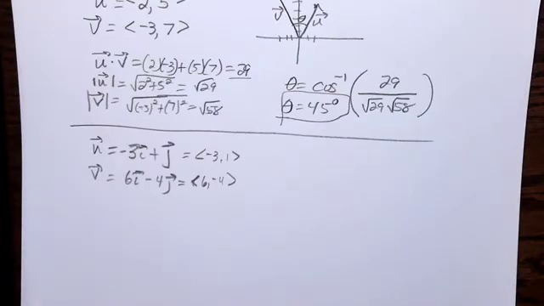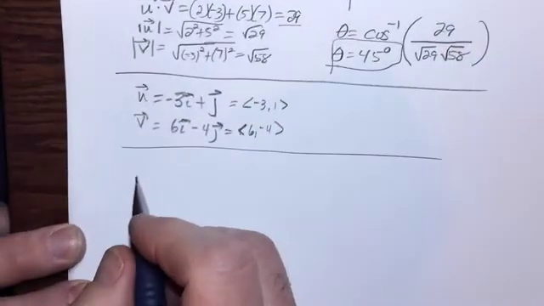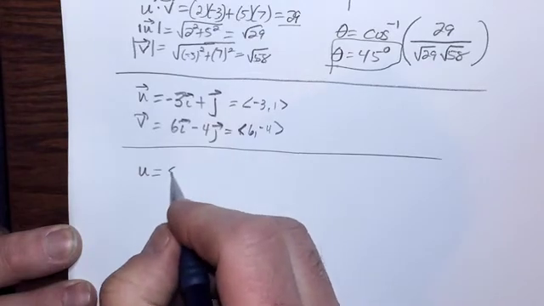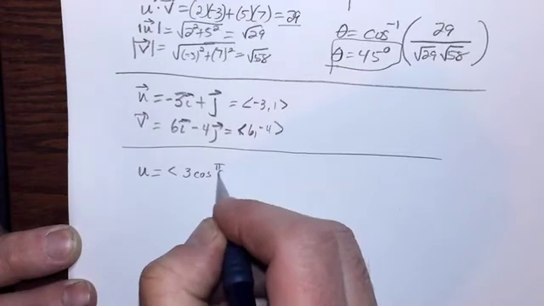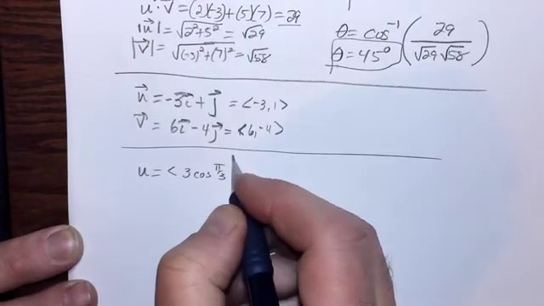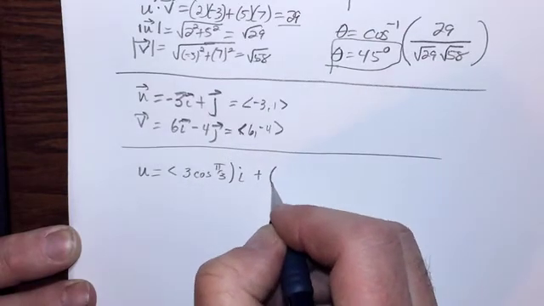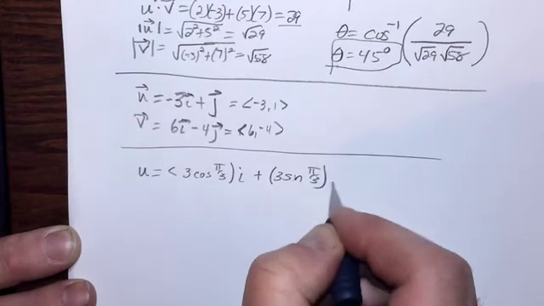All right, one other kind of problem could be written like this. Let's say u is equal to 3 cosine of pi over 3 i plus 3 sine of pi over 3 j.